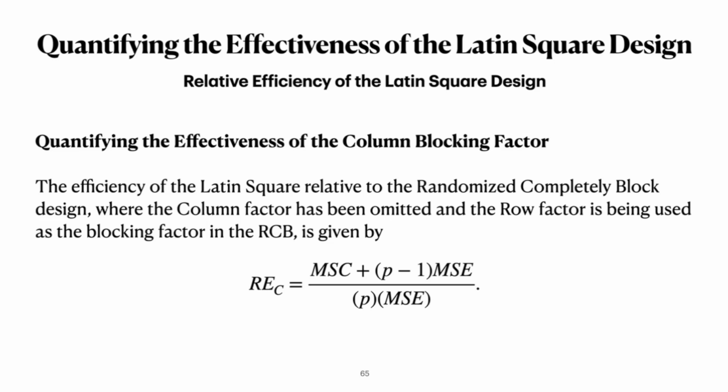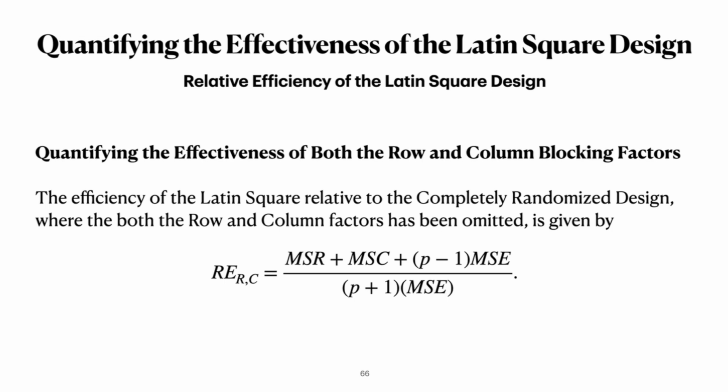So what is the relative efficiency of the Latin square design compared to that randomized complete block design, where we've omitted the column blocking factor but we're using the row factor as the blocking factor? Here's the way we calculate that efficiency: MSC plus p minus 1 times MSE, divided by p times MSE. And again, all of these mean squares are obtained from the ANOVA table for the Latin square analysis.